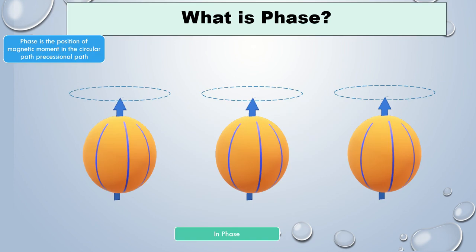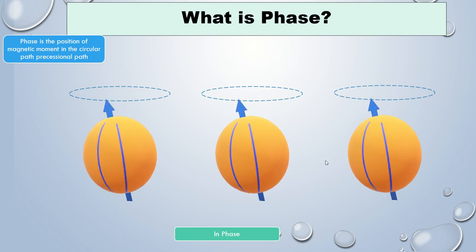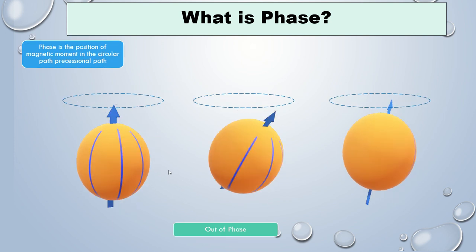Let's also learn the important concept of phase. What exactly is phase? Phase is the position of those magnetic moments in the circular precession path. For example, these three protons are spinning on their own axis, but they are also precessing together. That means if you stop at one point in time, you're going to see that these three protons are at exactly the same point.